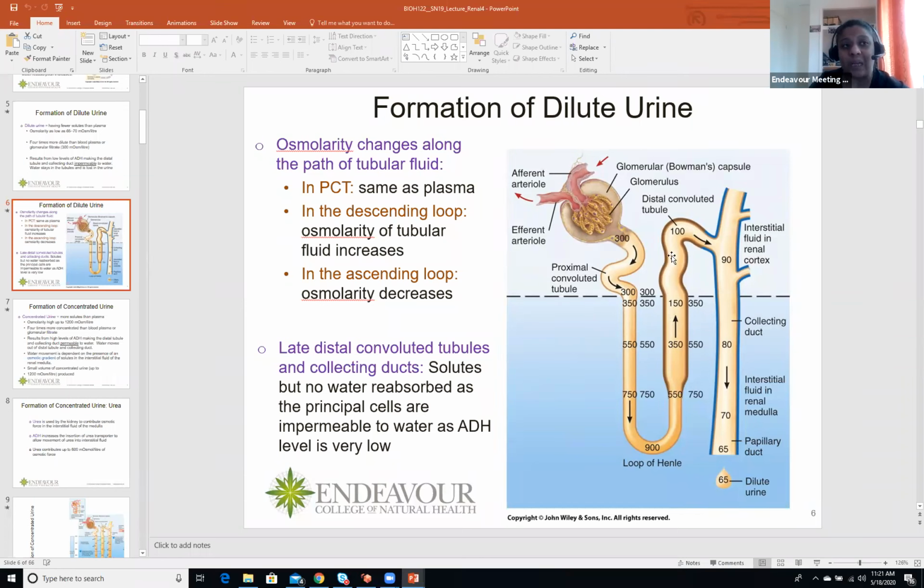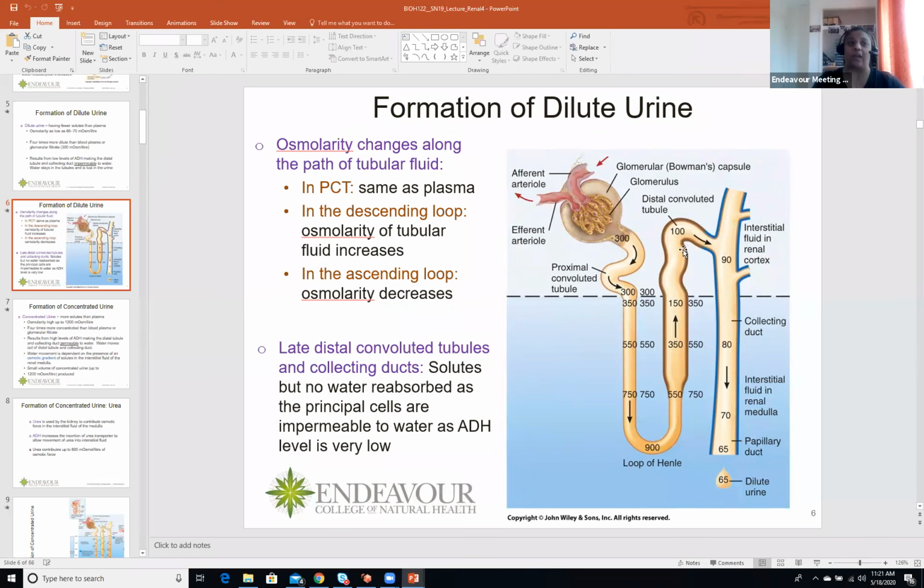And why did this happen? This happened because this brown structure that you are looking at, the thick wall structure, is impermeable to water molecules under normal circumstances. So water remains in the renal tubules. It is not reabsorbed, so it dilutes the urine. Does that make sense?